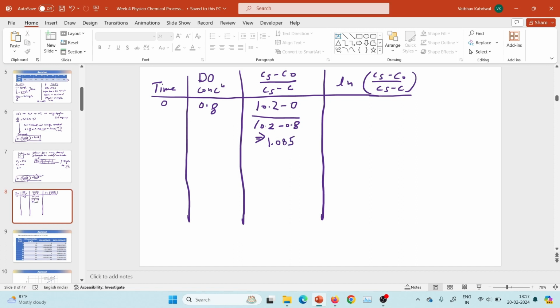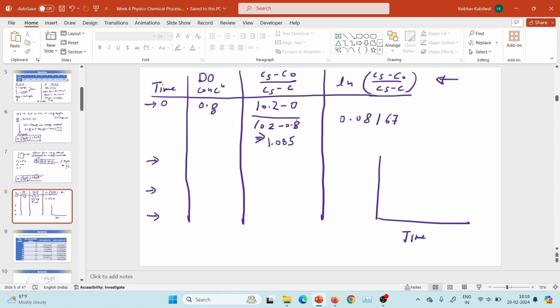So if you take ln of this value, it will be 0.081. So this is at t equals 0. Like at different time intervals, you have to calculate different ln values. And then you have to plot it with respect to time.